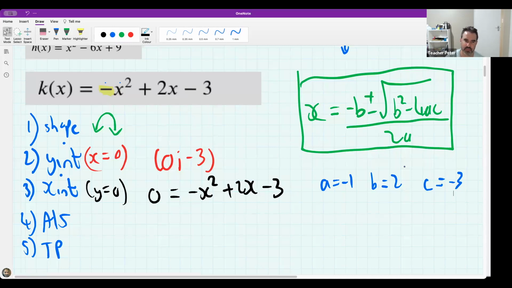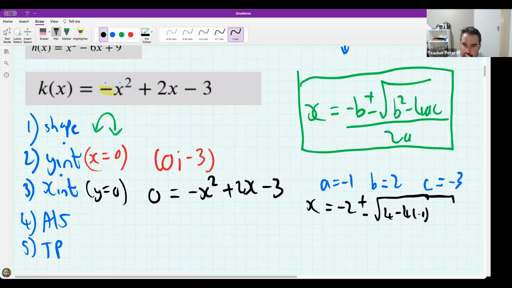What are my x-intercepts going to be for this parabola? Ooh, are you guys getting a negative delta value?